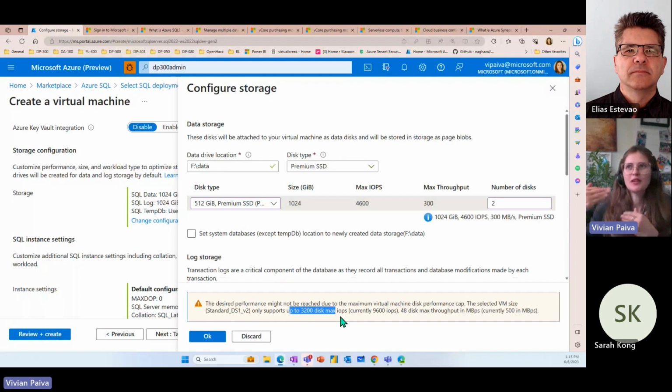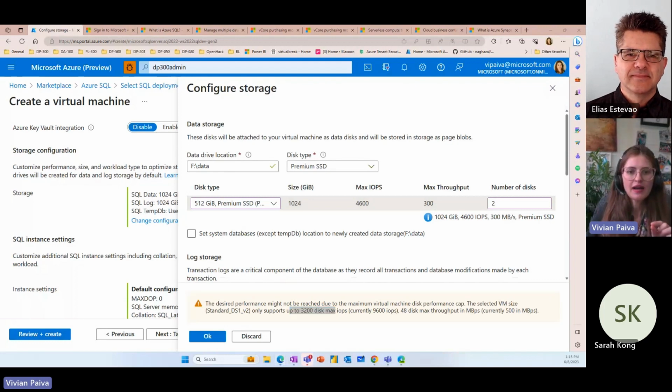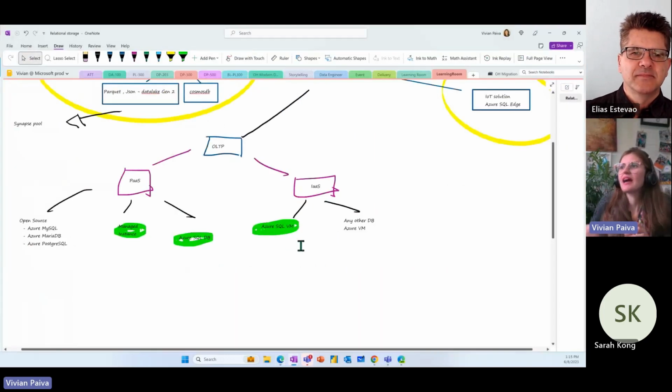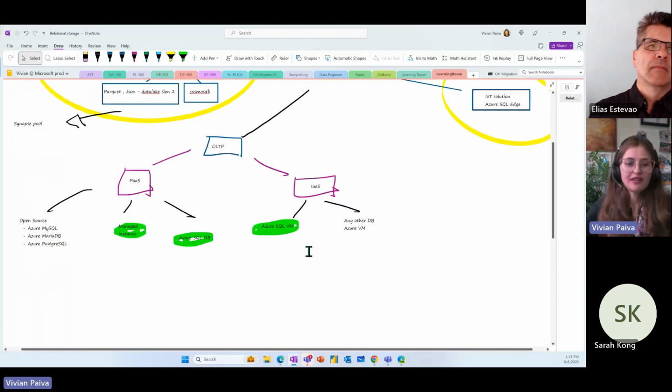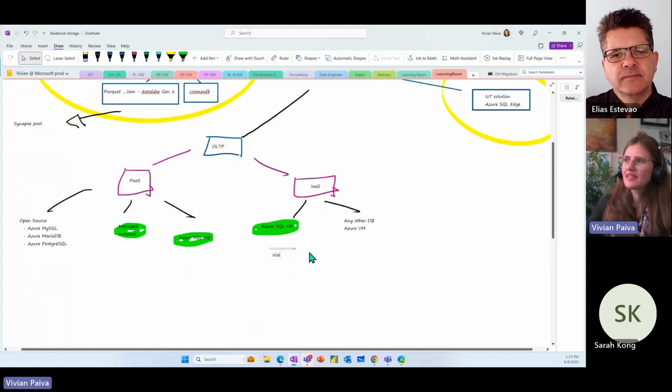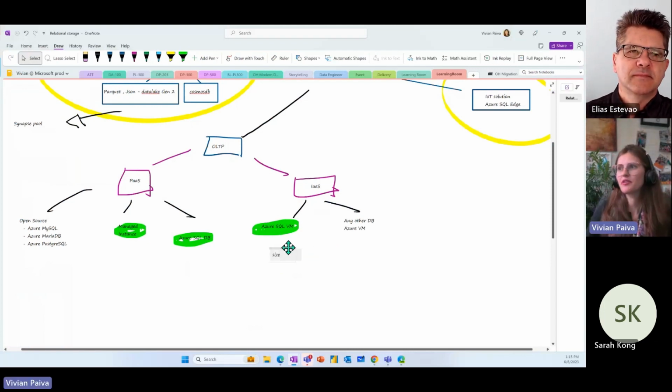I'm not going to talk much more about it because Elias did an amazing job last week. Just calling your attention: if you are provisioning Azure SQL VM, remember to take care of the limitations that come with the size of your VM.